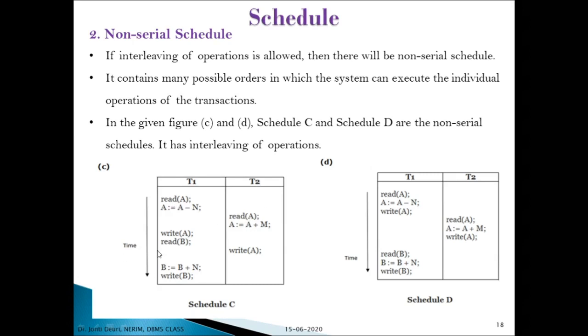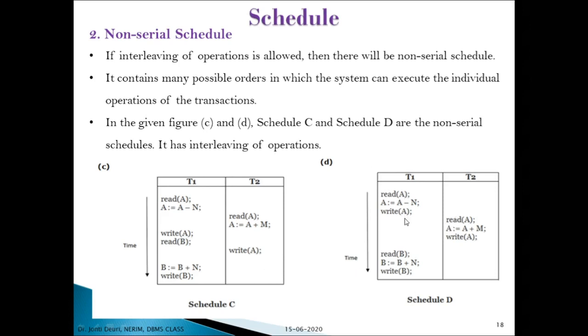After that, again for T1 transaction, 2 operations, write A and read B. These 2 operations have been done. Then again for T2 transaction, the write A operation is done. Right? After that, again this one. So this is one type of schedule, but it is a non-serial schedule, right?